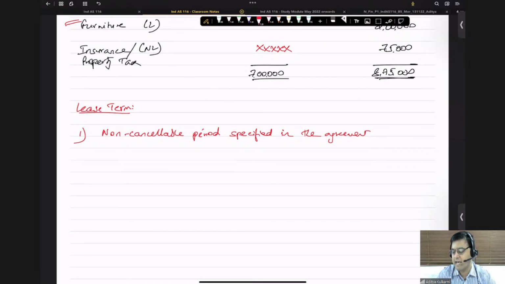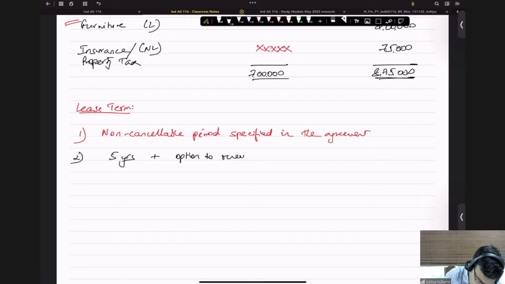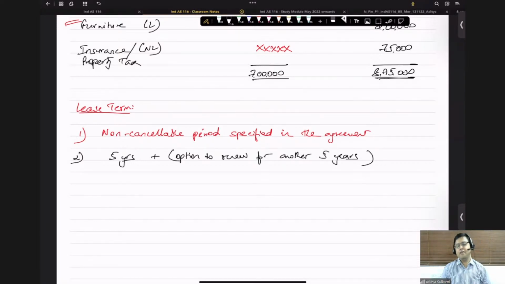But suppose your contract contains something like this. The non-cancelable period is 5 years, plus you have an option to renew for another 5 years.